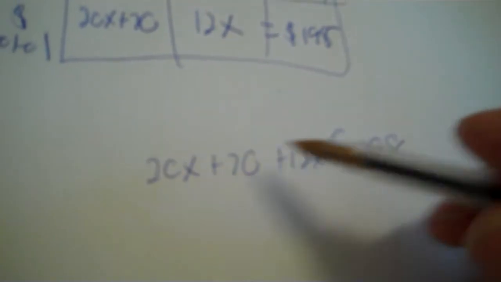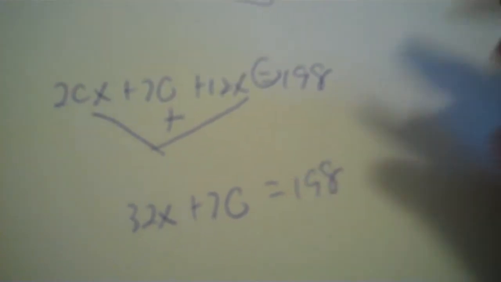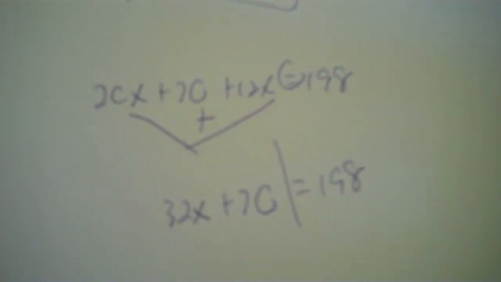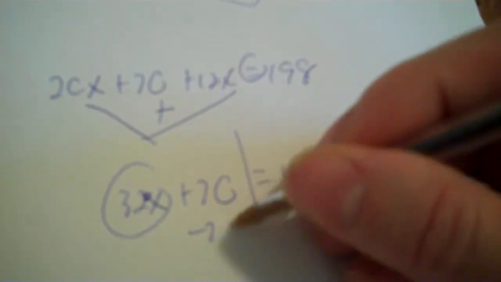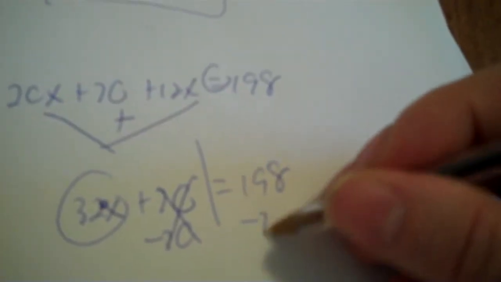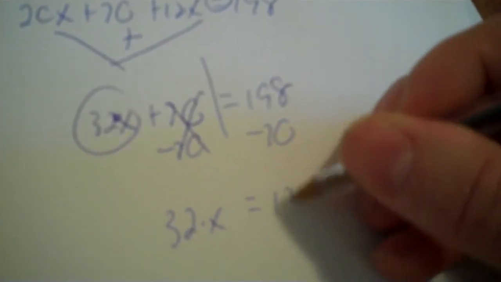So remember, don't minus 12. Don't take out the smaller one. They're on the same side. You combine them. So that's going to be 32x plus 70 equals 198. Then I have just a single x, it's times and plus. 198 minus 70 is 128.